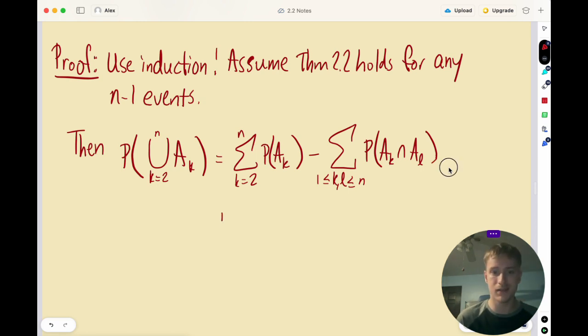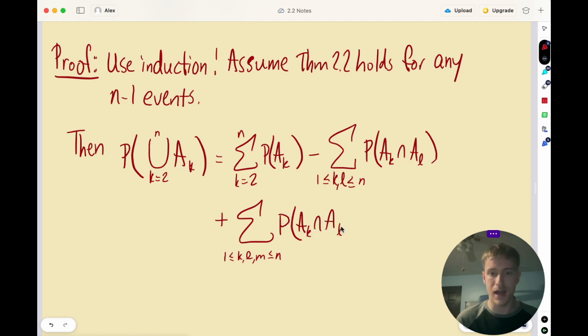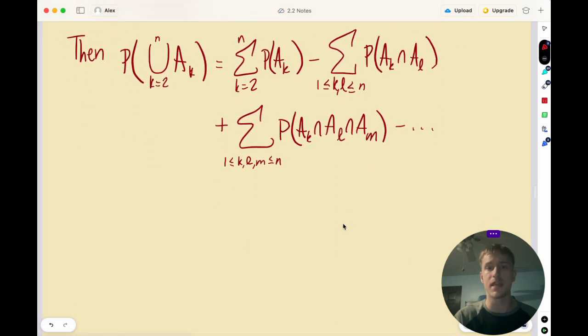Plus, you can kind of guess how this is going to work, k, l, and m: probability of a sub k intersect a sub l intersect a sub m, minus, and we're just going to keep going. Just assume that that holds. That's what that means.